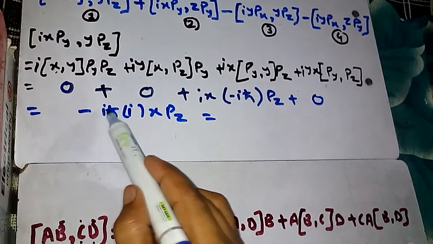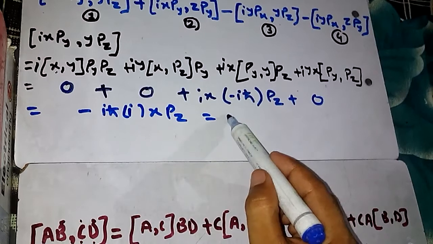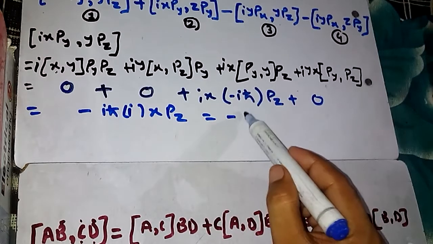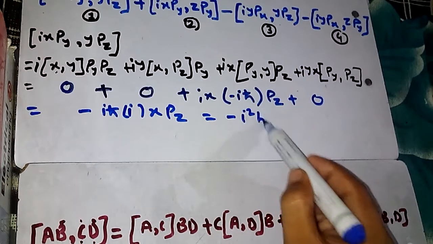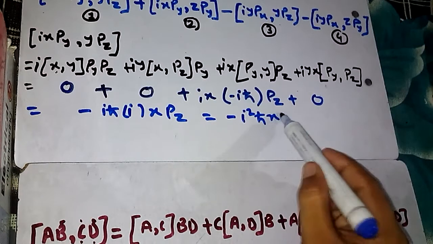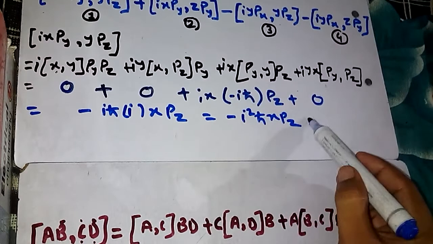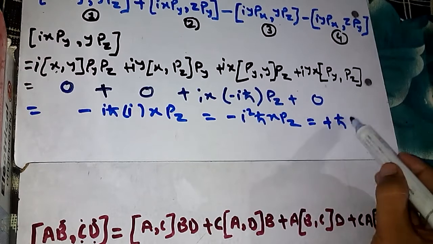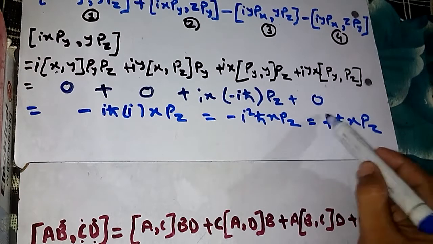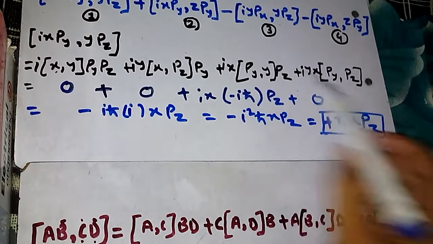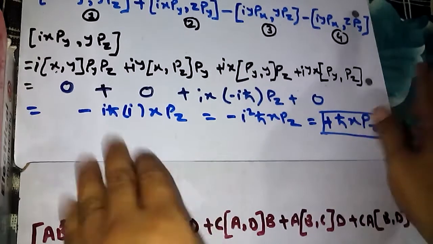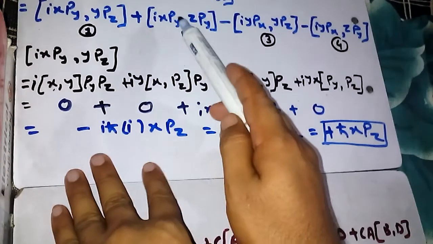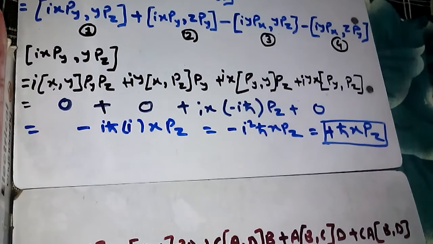Now i into i is minus 1, so minus i square h cut x pz, and i square is minus 1, so it is plus h cut x pz. So this is the solution from the first term. Now we will find for the second term, and in the same way.